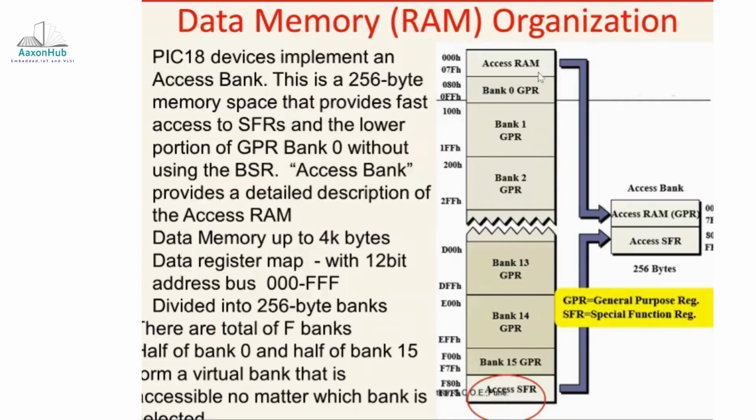So if you are taking bank 0, it is 256, 256, 256. Likewise, every bank consists of 256 bytes. To access this data memory location, you need access to your general purpose register along with the special function register.